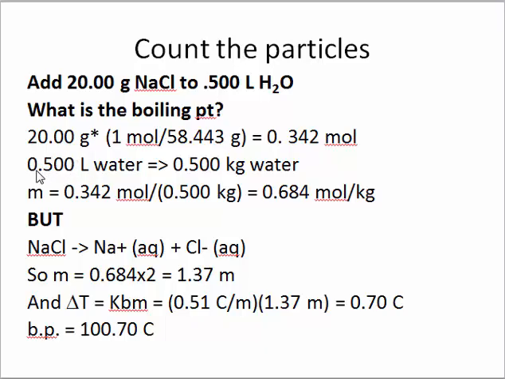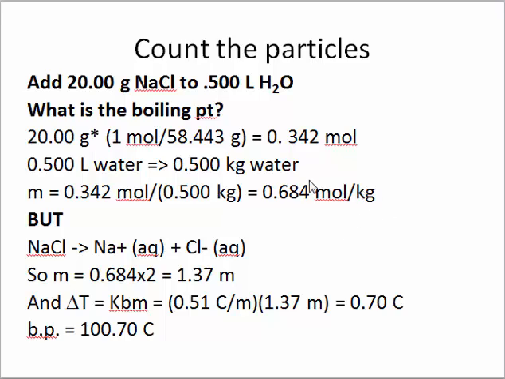Water is our solvent. Half a liter of water has a mass of half a kilogram if we account for the density of water, which is 1 gram per milliliter. So the molality of the solution of sodium chloride is 0.684 moles per kilogram.